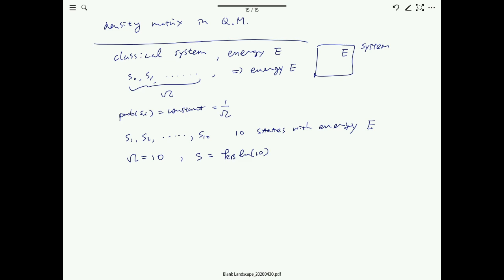Okay, so if I want to calculate a certain property O, which is a function of S, right? So what's the expectation value?